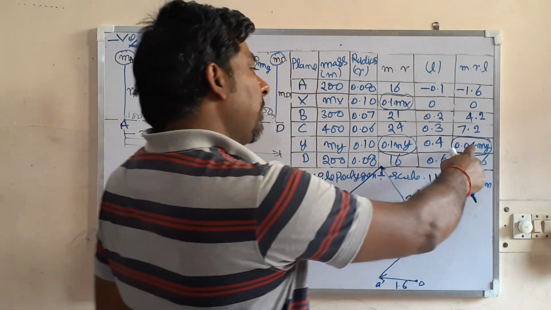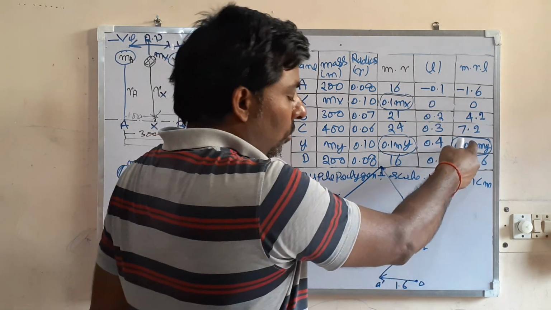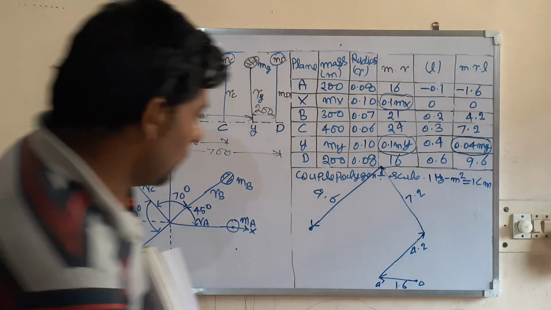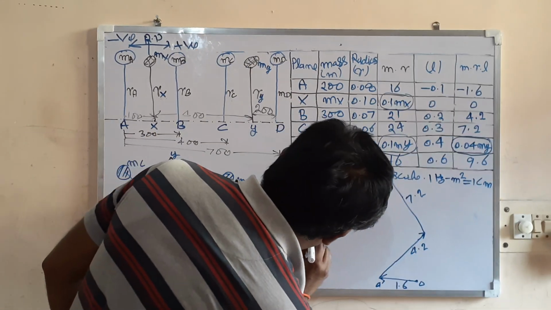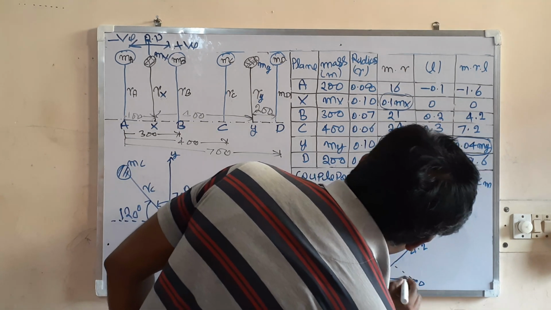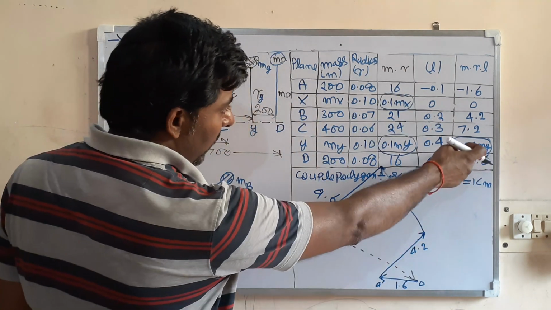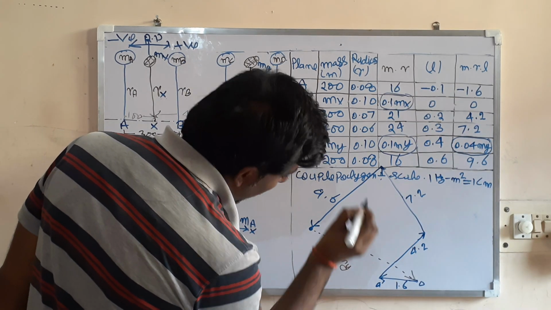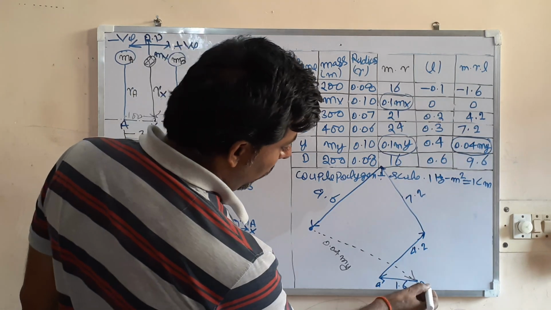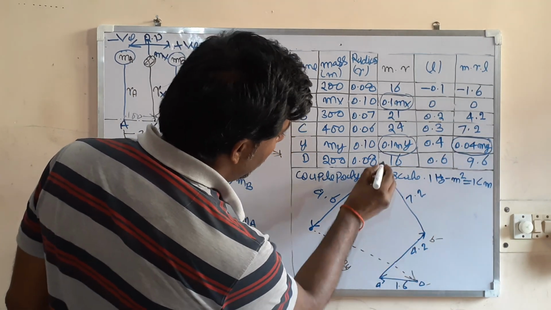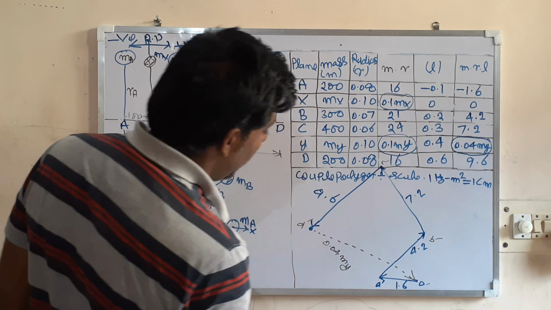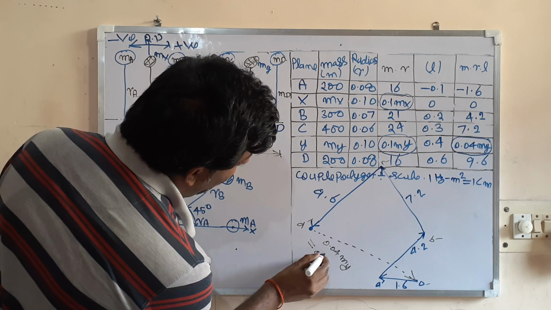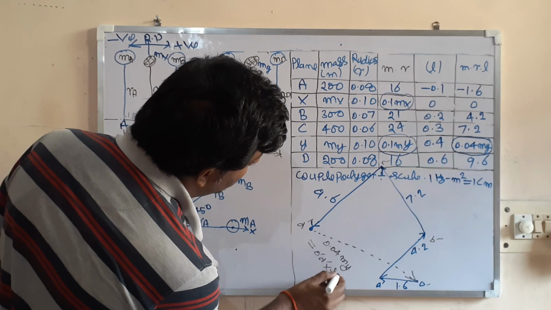The remaining closing side will be the unknown. Let us join this. What is the unknown? This is 0.04 my. So this is O dash, this is A dash, this is B dash, this is C dash, this is D dash. So let us equate this equal to O dash D dash into scale.